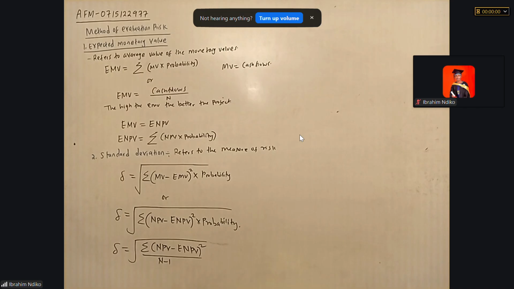Now, let us move on to sensitivity analysis. Sensitivity analysis. That is number 7.